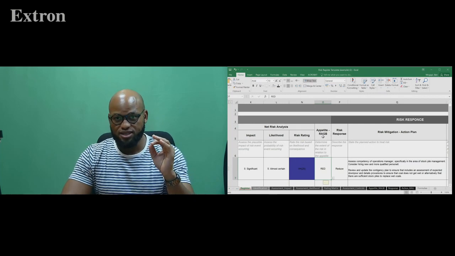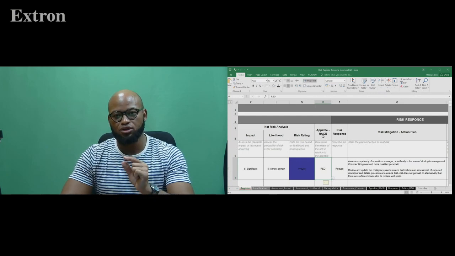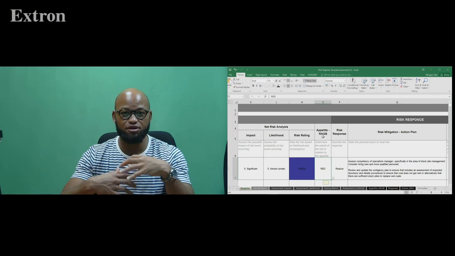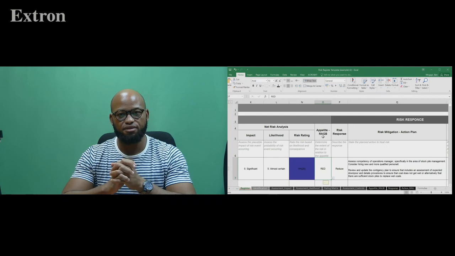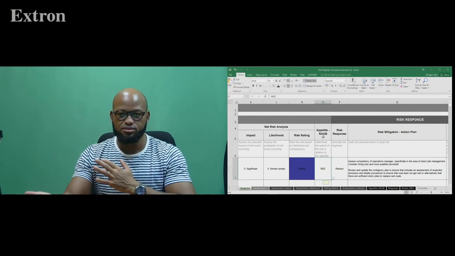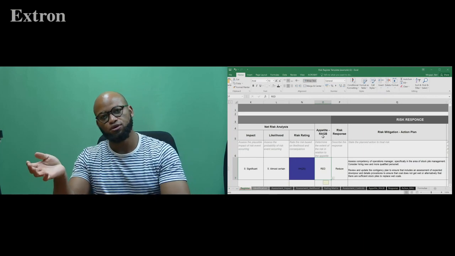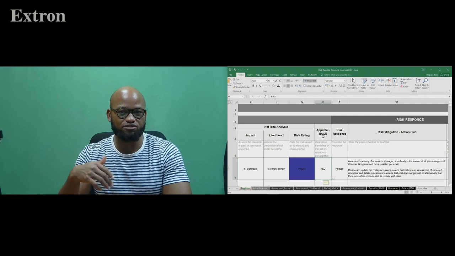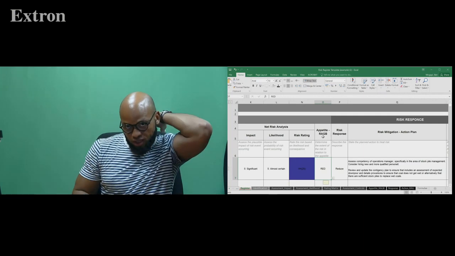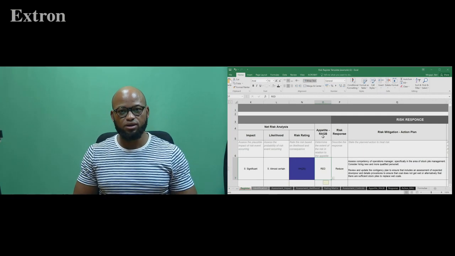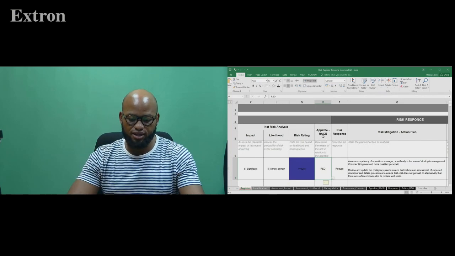Actually, their risk appetite will be much lower, because one simple mistake can cause serious repercussions and have much larger financial and human impacts than, say, a retailer in Johannesburg, like Pick n Pay or ShopRite. So the risk appetite for a company like Pick n Pay from a human safety perspective will probably be higher. They can take on a few more risks, as opposed to a company like SpaceX, which can't afford to take on too much risk. They will set a very low risk appetite. So just be careful that you understand that relationship.